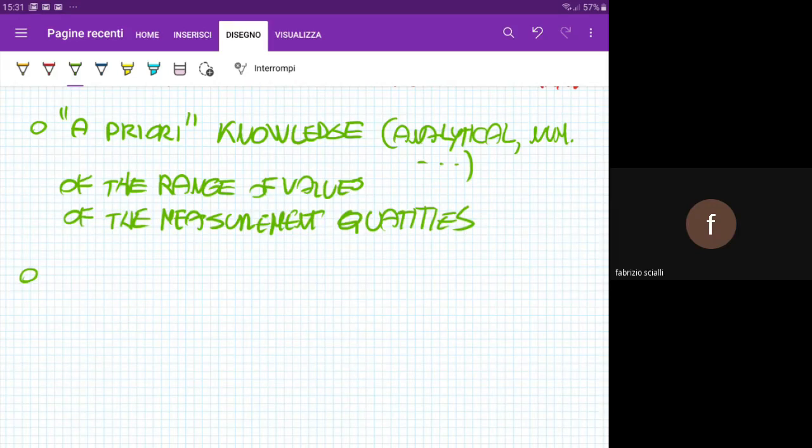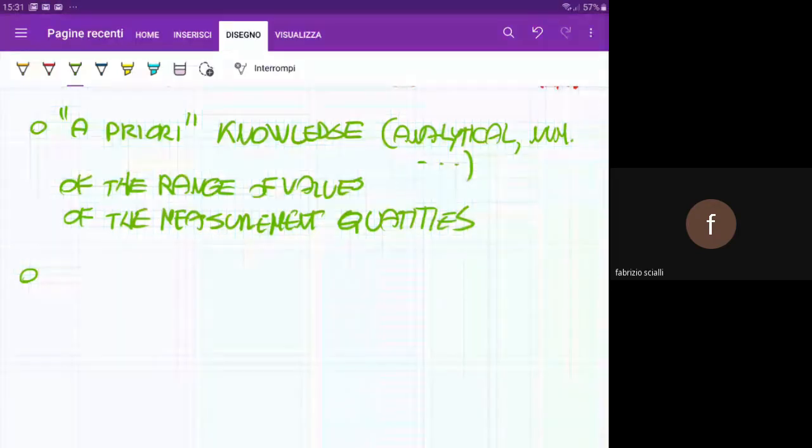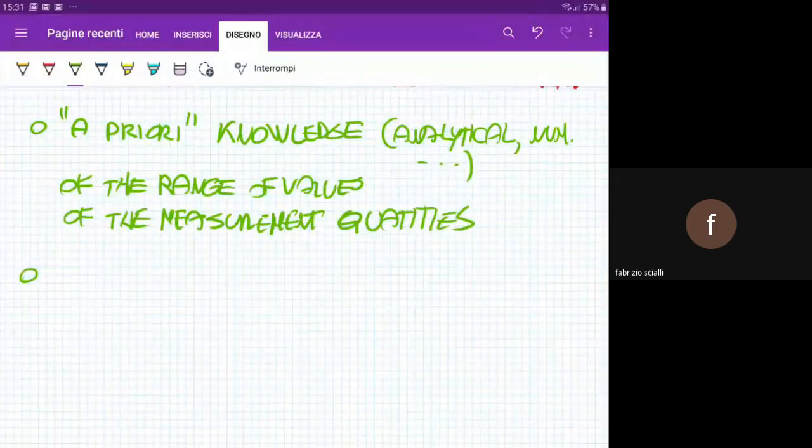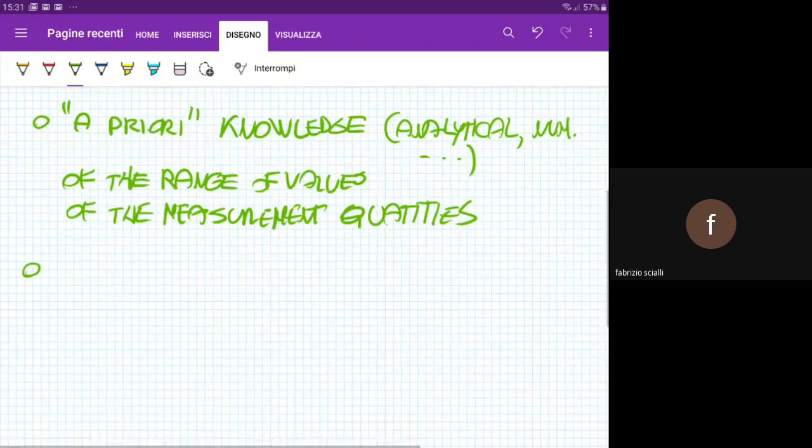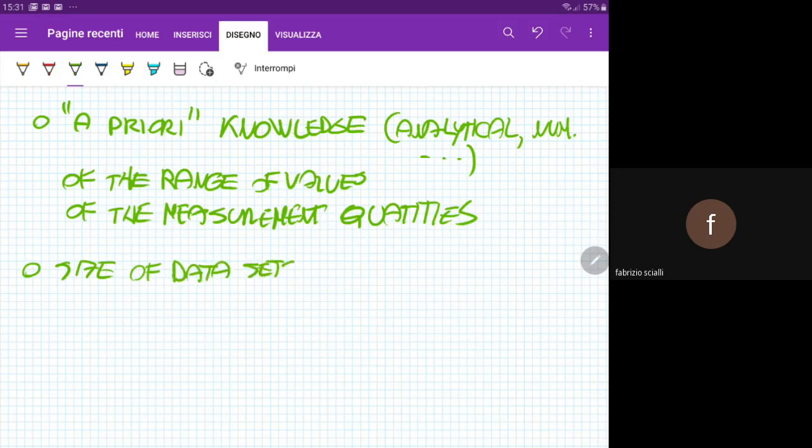That's because you have to characterize with uncertainties, with averages, with RMS, with whatever statistical properties. So the point is to have an idea of the size of data sets for statistical analysis.